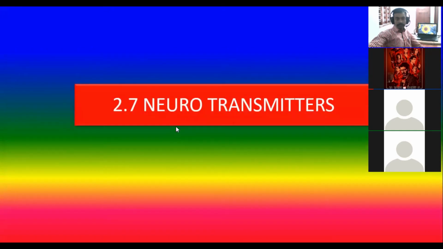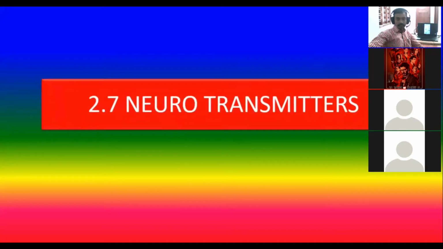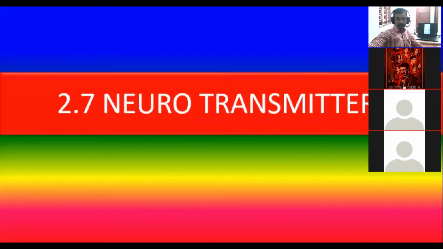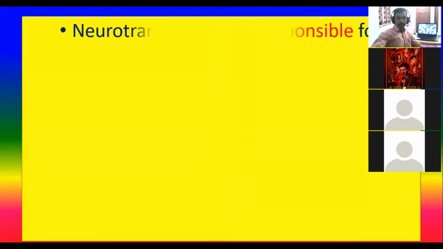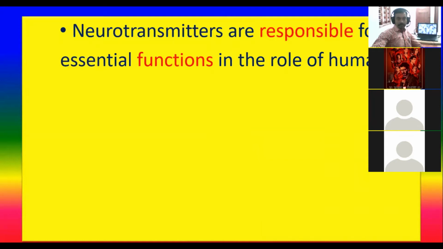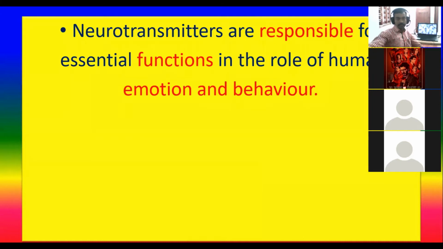Here the word neuro means neurons. Transmitter means a chemical substance used to transfer information from one neuron to another neuron. It's responsible for functions of emotions and behavior.